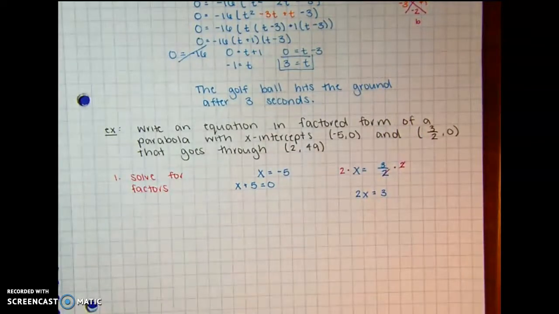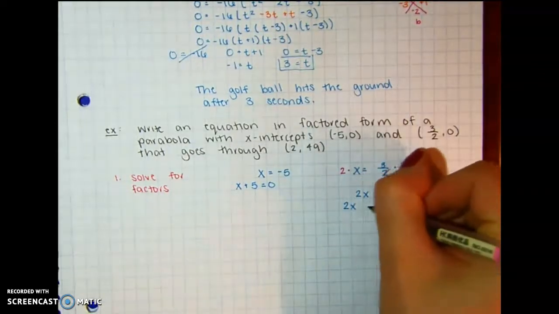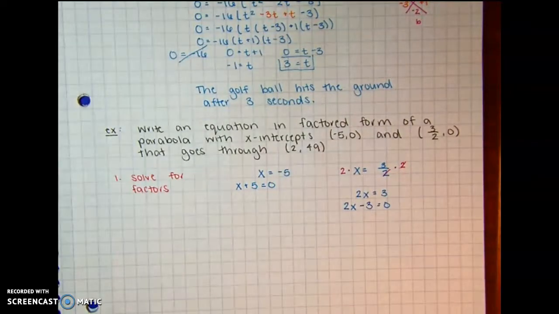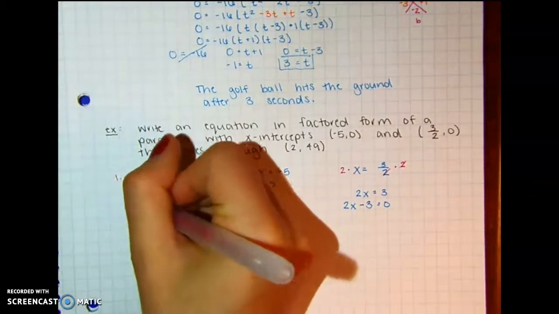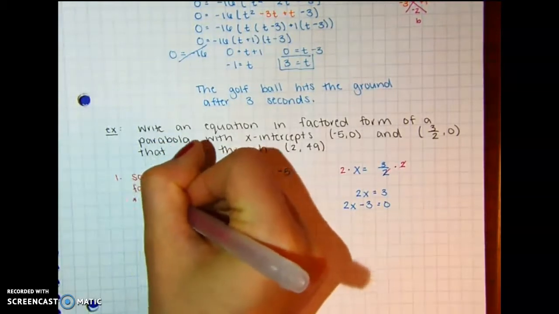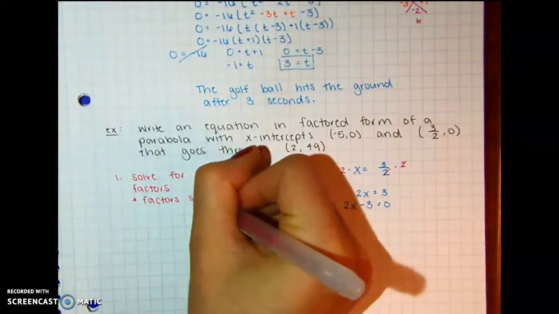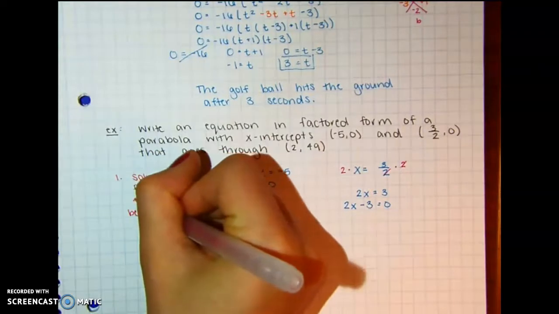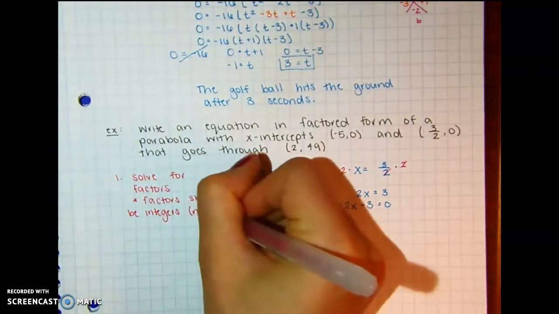And then we should subtract 3. So I guess it's not mathematically incorrect, but it's just factors should all be integers. So factors should be integers, no fractions.